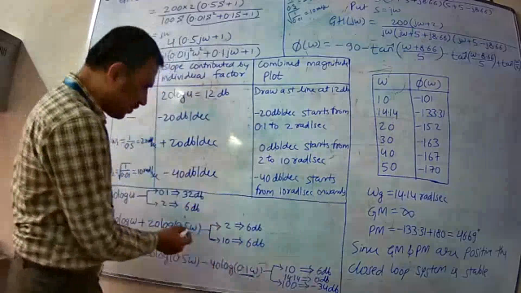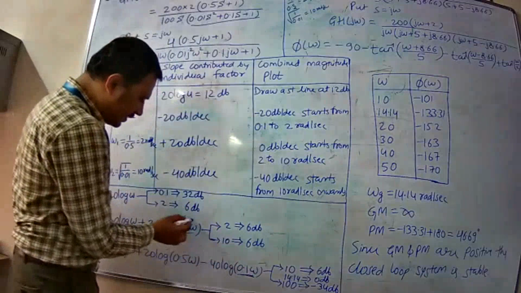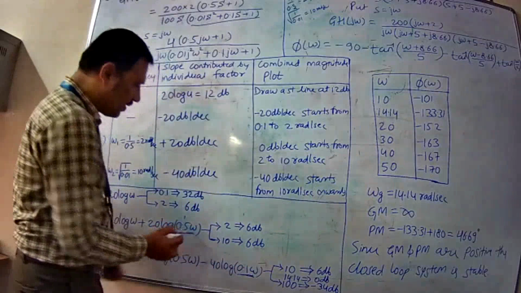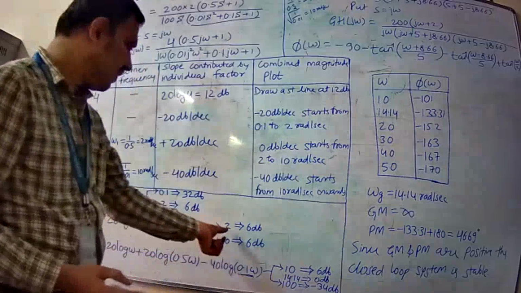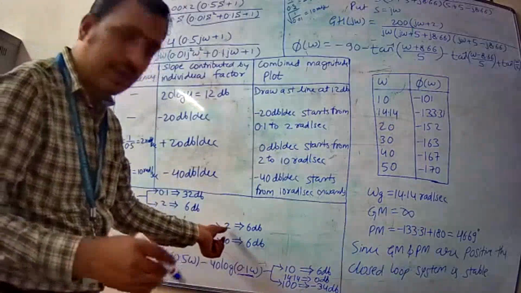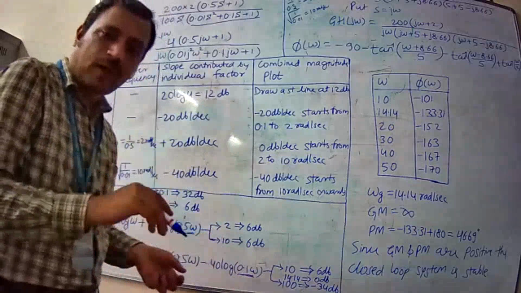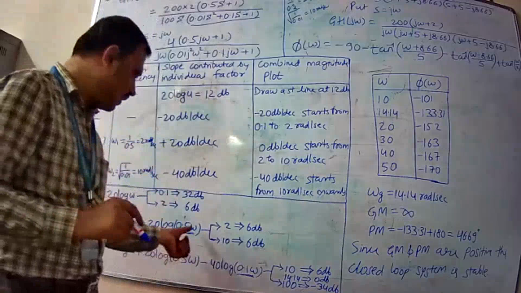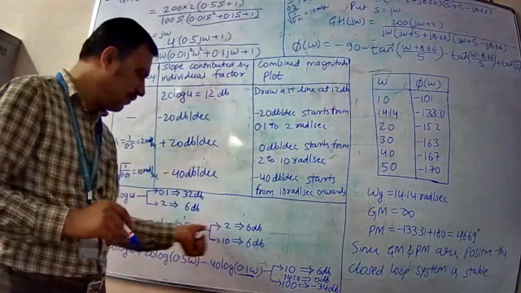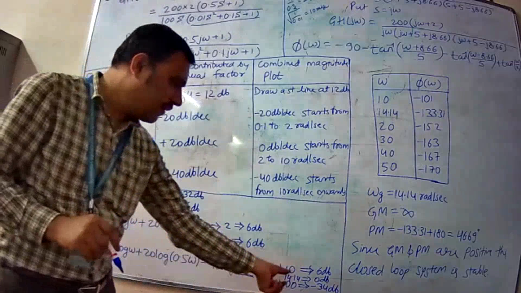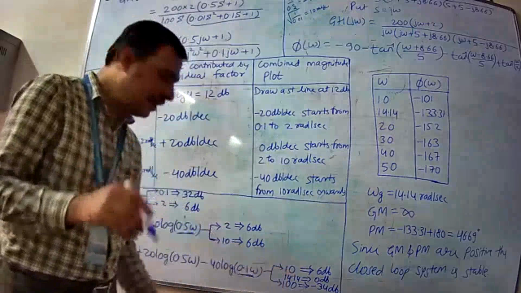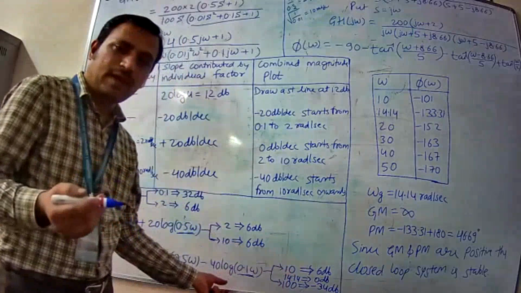Hence, there is a concept here. If you want to write this value, the starting value is 2. With respect to 2, if you multiply by 0.5, then this value will become 1. Here we have the 10. If you multiply with 10, what value do you get?